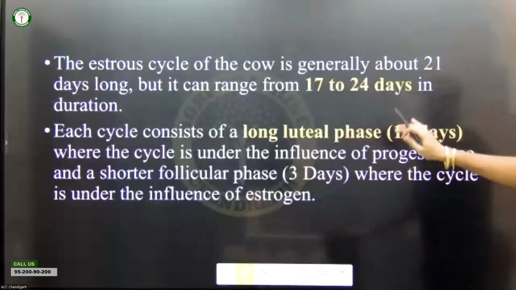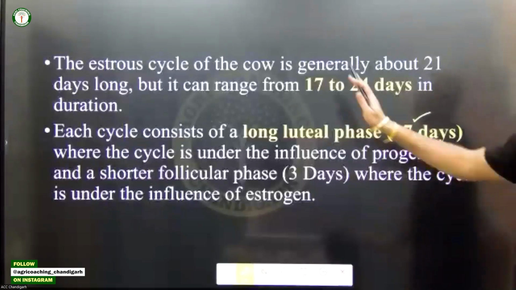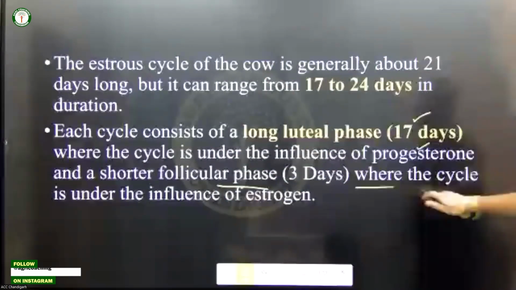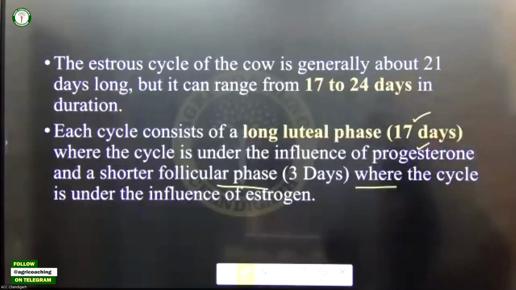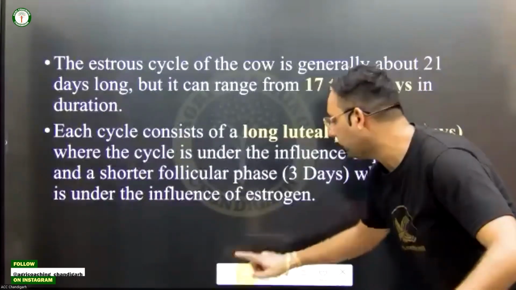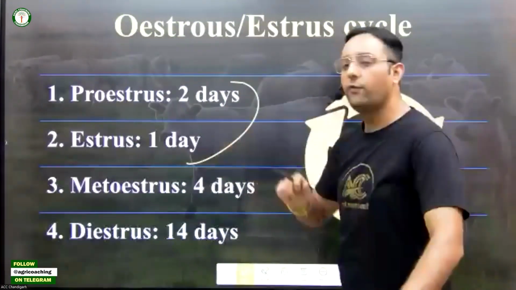So each cycle consists of a long luteal phase of 17 days, where progesterone works, and a shorter follicular phase of 3 days, where the cycle is under the influence of estrogen. So that means follicles are responsible for producing estrogen and the corpus luteum is responsible for producing progesterone. Are you getting my point? The initial stage is the follicular phase. These 2 stages are covered under the follicular phase.